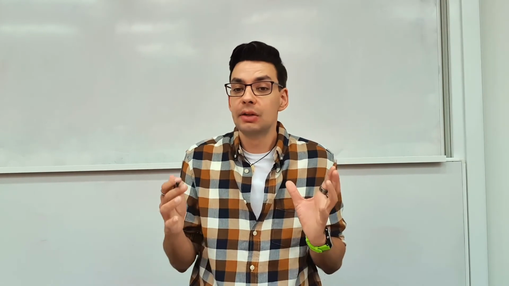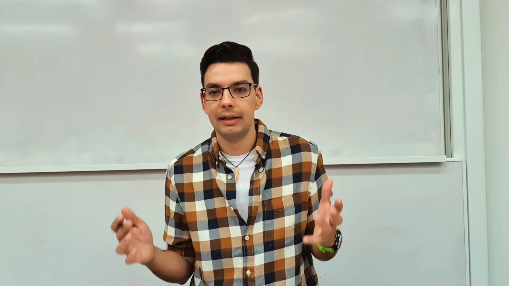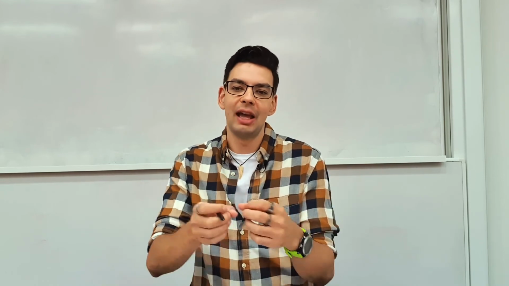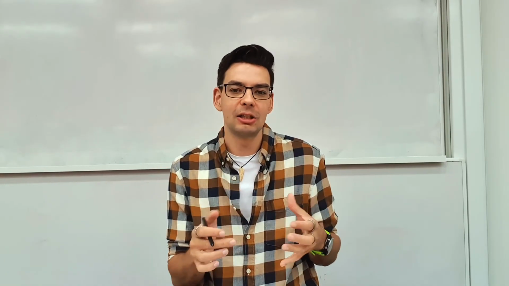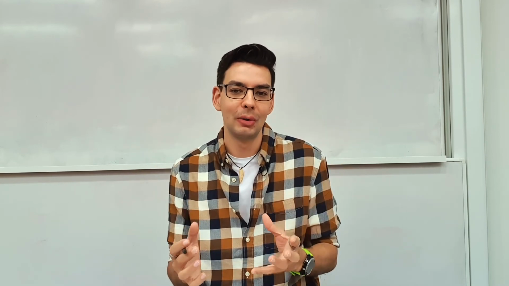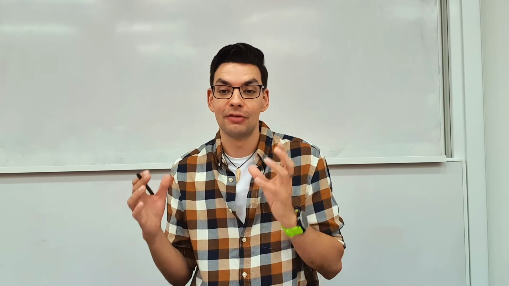However, the sequence ft in and of itself is completely legal in English, provided the syllabification is correct. So if you look at a word like after, where the f belongs to the first syllable and the t belongs to the second syllable, then the sequence ft is completely fine. So the syllabification plays a crucial role in the phonotactics or in the combinatorial possibilities of sounds.